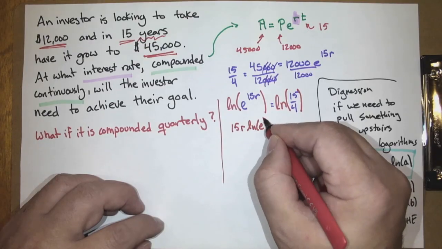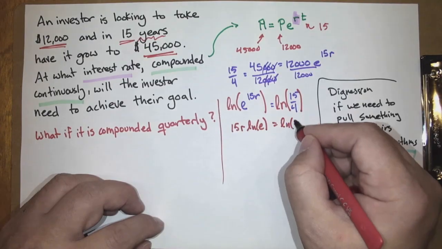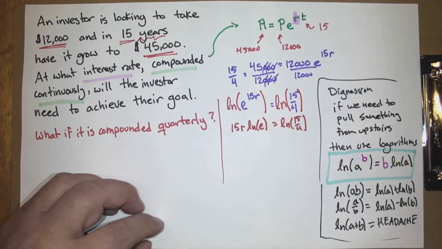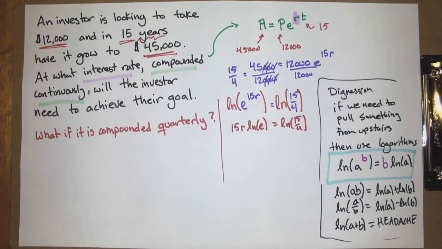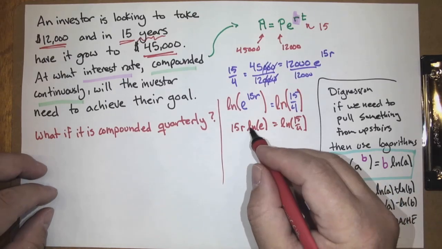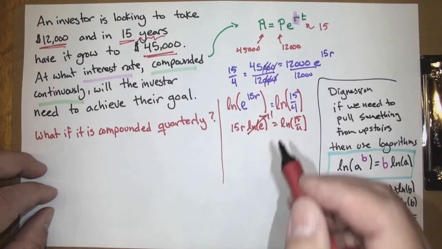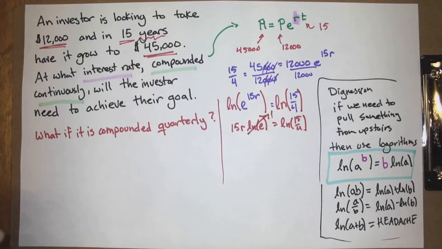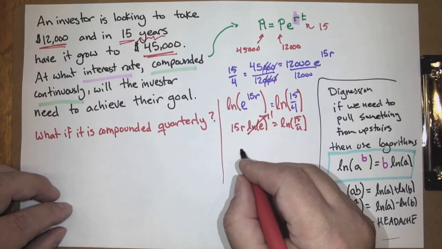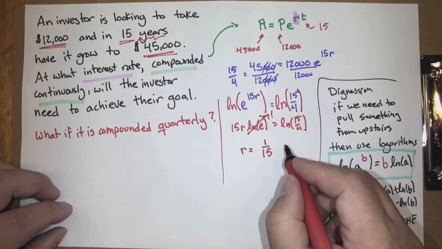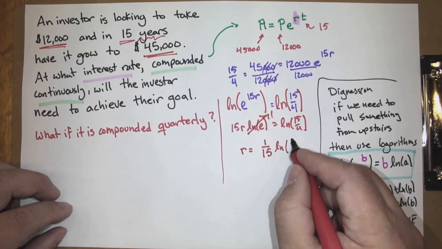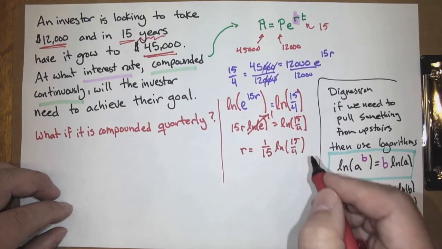It's going down to the front. Okay. Now, do we know what the natural log of e is? It's 1. So this becomes 1, so it goes away. So we're almost there. We can now divide both sides by 15. We get r is 1/15 log 15 over 4.